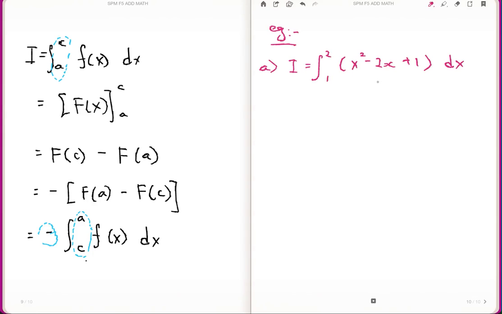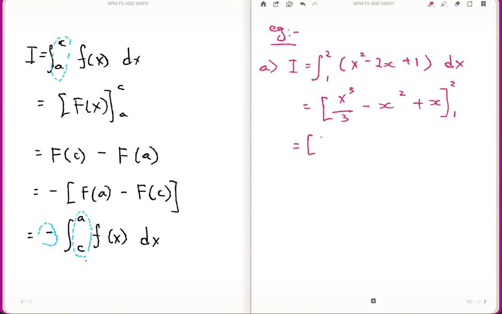Now to integrate this, you should go back to video 1 to see how to integrate. Straight away I will get the answer, because you may integrate one by one. x cubed over 3 minus x squared plus x, without c, because this is a definite integral, 2 over 1. Then you substitute them, use a scientific calculator. I hope you will know how to use a bracket.